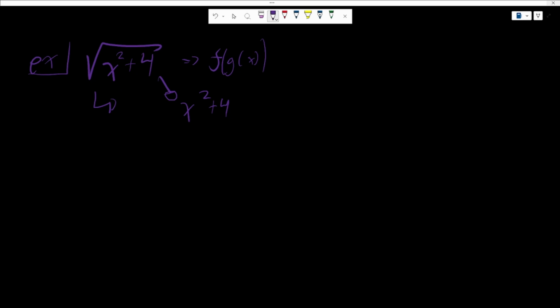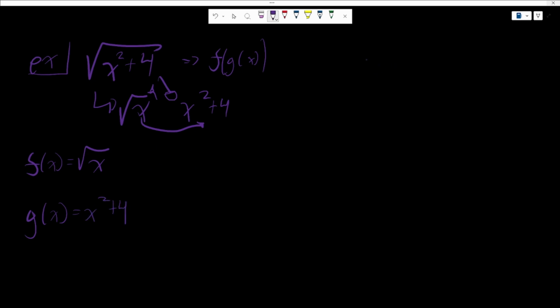And then our outside function will just be the square root of x. As you can see, if we replace this x here with this, we're going to get our original function. So using that logic, we can say our f of x is equal to the square root of x, and our g of x is equal to x squared plus 4.